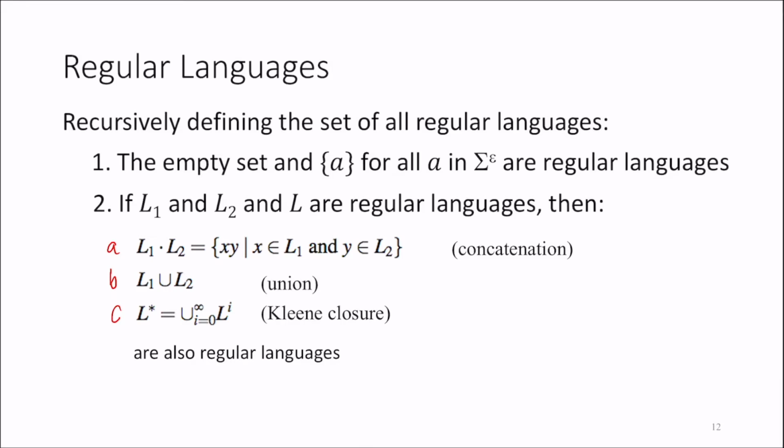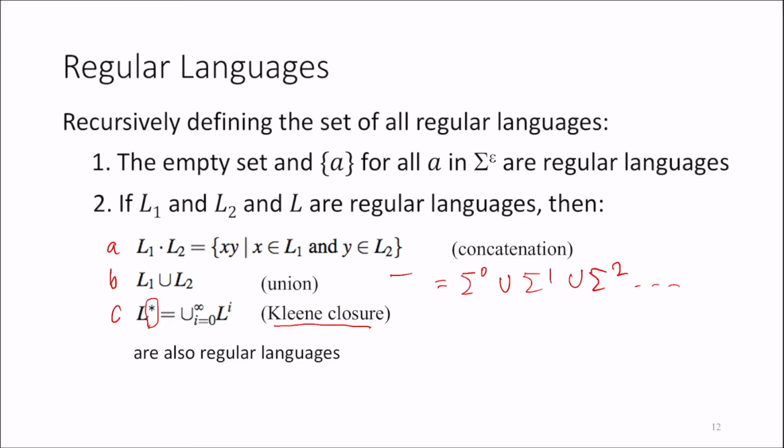Finally, the last recursive case is called the Kleene closure. It's often referred to just by this operator, star. So instead of Kleene closure, we often refer to it as the star operator. So L star is very similar. If you remember, you take sigma 0, which was all of the strings of length 0, union sigma 1, union sigma 2, and so on.